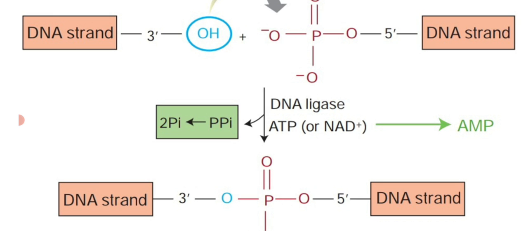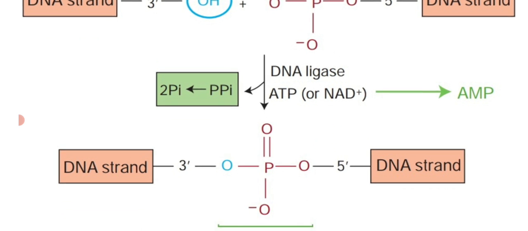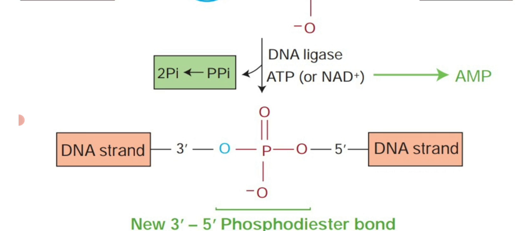Okay. So these inorganic phosphate molecules replace the hydroxyl group, and the bond takes place between the phosphate and the hydroxyl group. Now the DNA strands are joined together, 3' with oxygen.